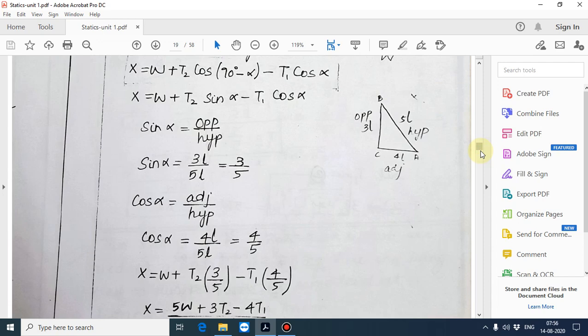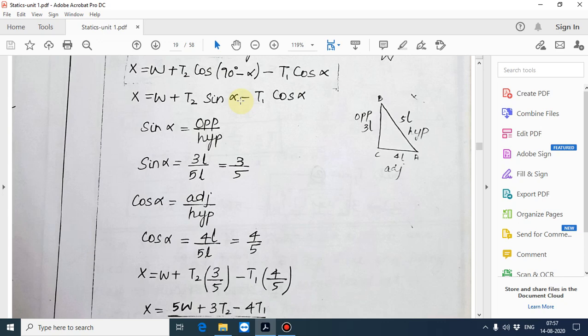So what will you get? Sum of x is equal to, you see the diagram and you will understand, W plus T2 cos of 90 minus alpha minus T1 cos alpha. Cos of 90 minus alpha is sin alpha.